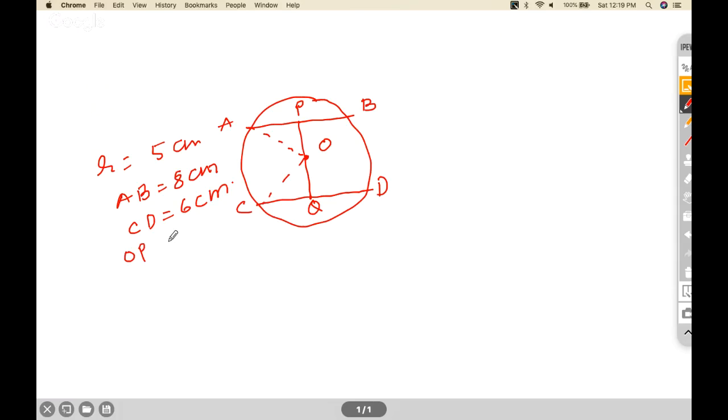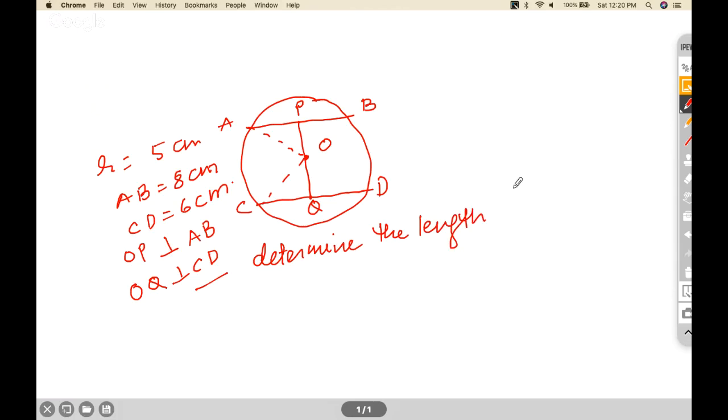OP is perpendicular to AB, and OQ is perpendicular to CD. Determine the length PQ.